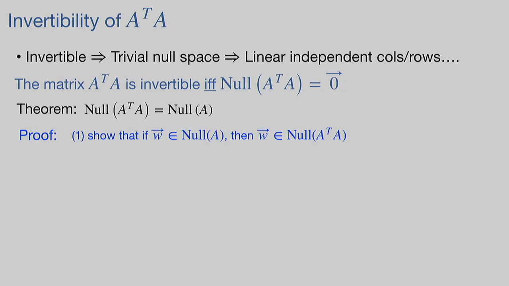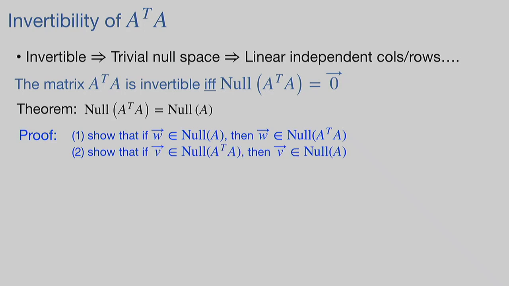Okay, so how do we prove this? We're going to show it two ways. One, if we have some W within the null space of A, then this W is also within the null space of A transpose A. But that doesn't mean the opposite.